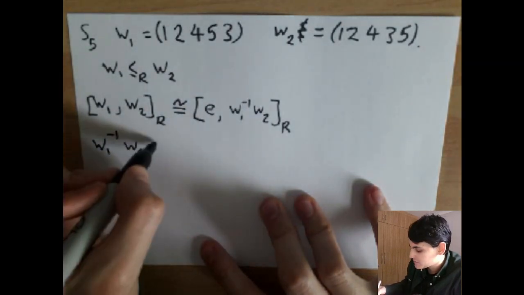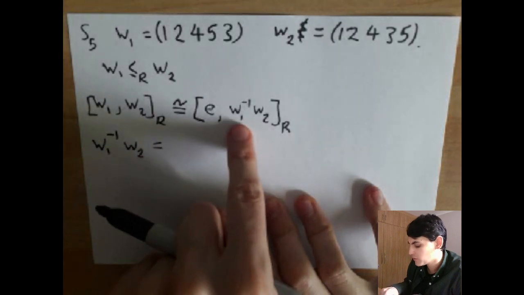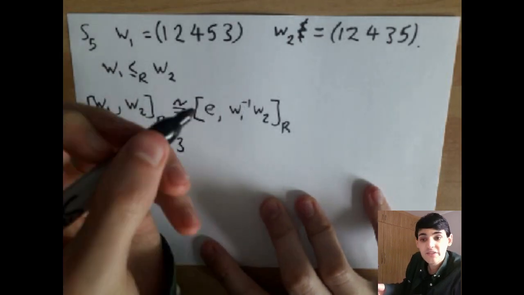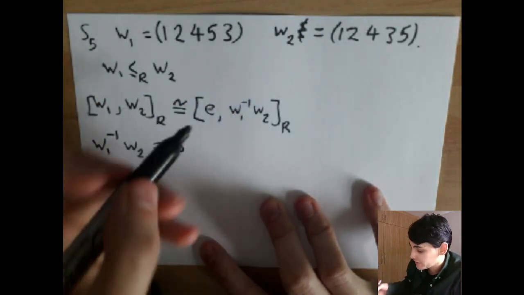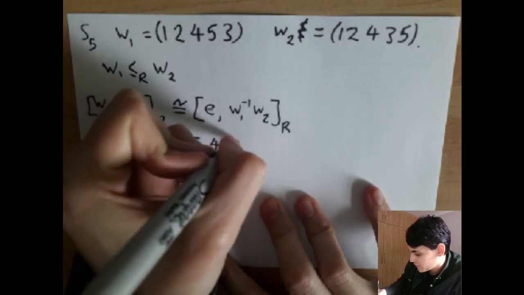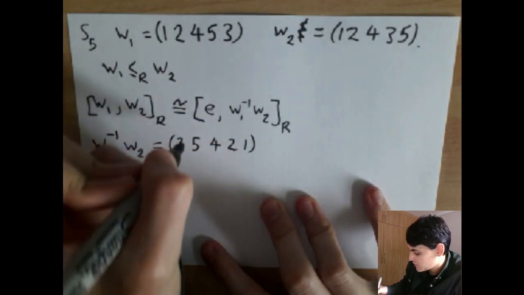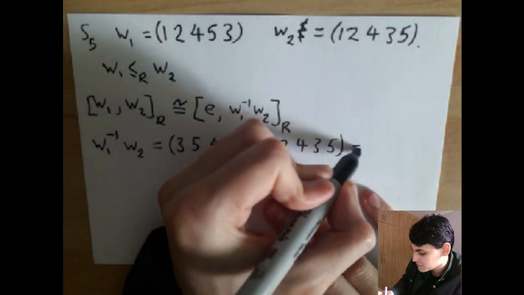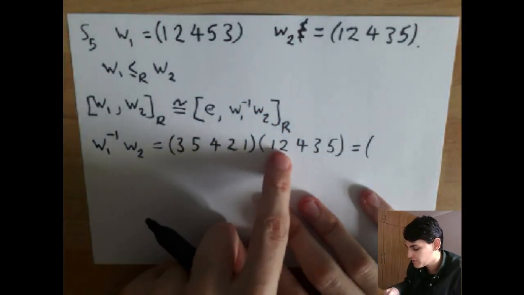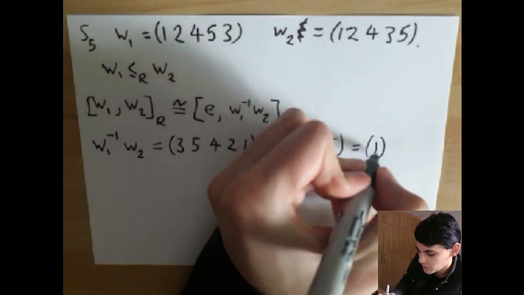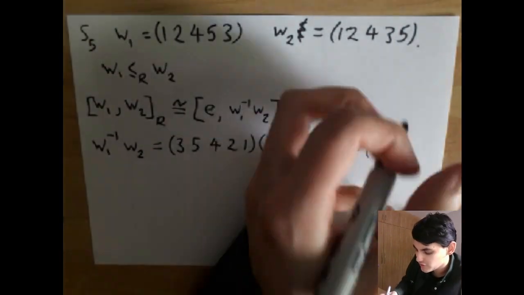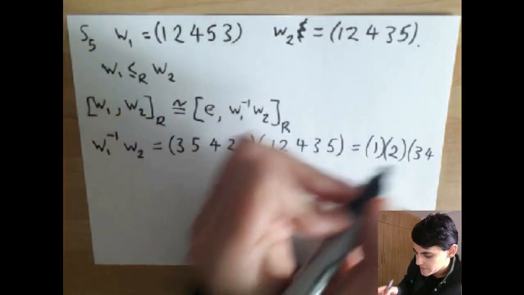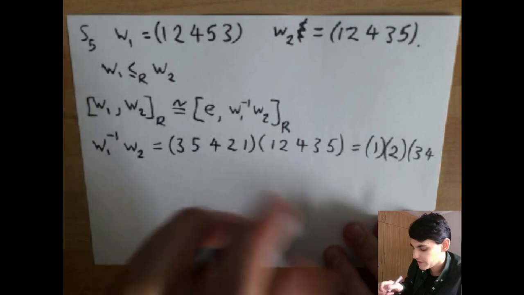So let's work out what this interval is. First of all, we'll work out what W1 inverse times W2 is. To find an inverse in cyclic notation, you just reverse the cycle. So we have 3, 5, 4, 2, 1 multiplied by 1, 2, 4, 3, 5. And that gives us: 1 goes to 2, 2 goes to 1, so 1 is on its own. 2 goes to 4, 4 goes to 2, so 2 is on its own. 3 goes to 5, 5 goes to 4. 4 goes to 3, 3 goes to 5.